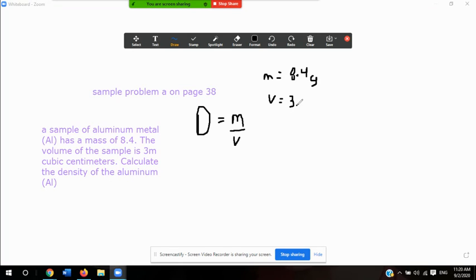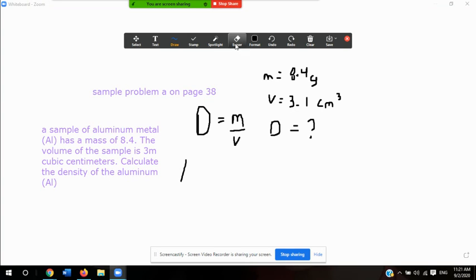It's at the bottom of page 38 and it says sample problem A. The problem is asking me to calculate the density, so I'm missing D. This problem is pretty straightforward. It's pretty much telling you what you need to plug in, and all we need to do now is substitute and calculate.